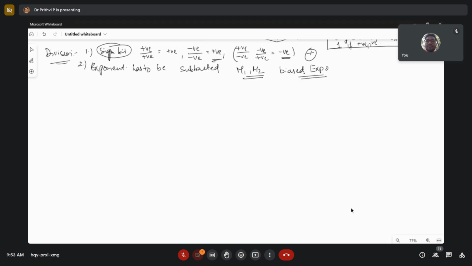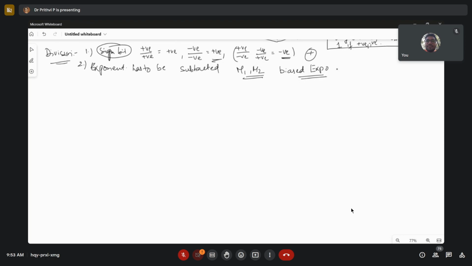When we are taking the biased exponents of both the divisor and dividend, if you are subtracting these two, the result will not have any bias. We are removing the bias.